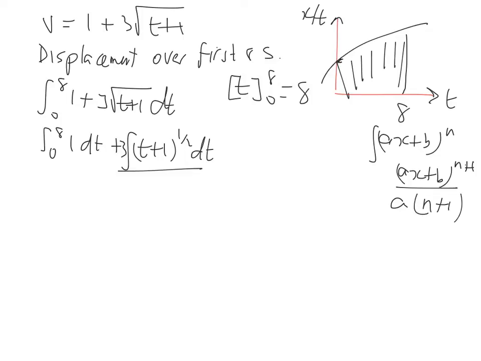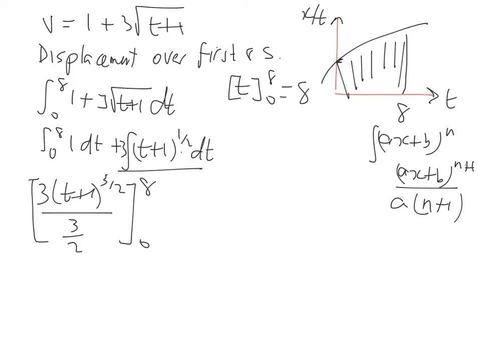So here we'll end up with t plus 1 to the power 3 over 2, and we're going to divide that by the coefficient of t, which is 1, and by 3 over 2. And then of course it's between 8 and 0.